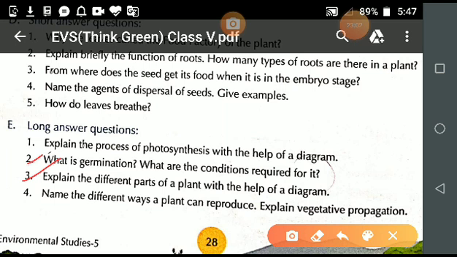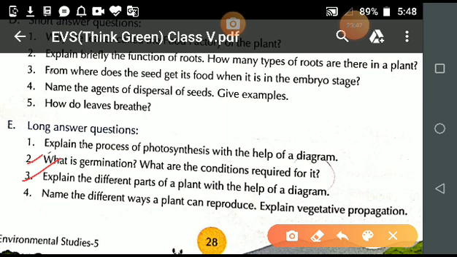I have already explained this in detail when I explained parts of a flower. Flower has a male reproductive part and a female reproductive part. And when pollen grains transfer from one flower to another, it is called pollination.